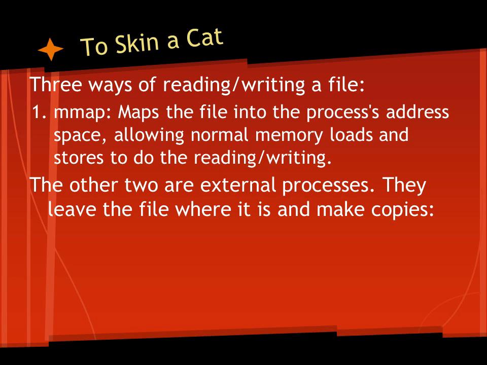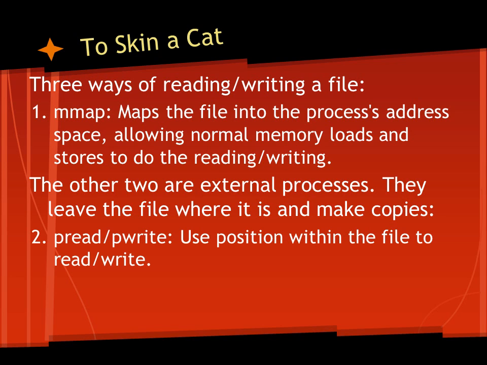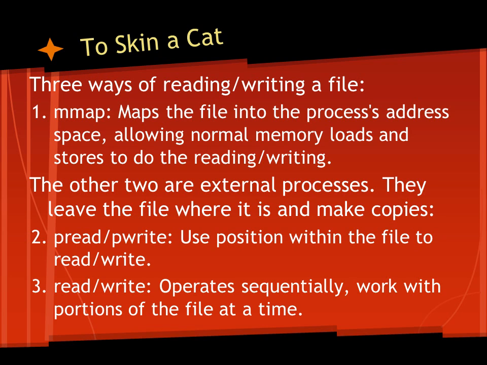The other two methods are very similar in that they both access the file externally, meaning that they only move copies around instead of actually moving the file to the process's address space. pread and pwrite read and write at a specific position in the file, while read and write operate sequentially, with each portion of the file being either read or written one at a time. Each of these has a different potential use.